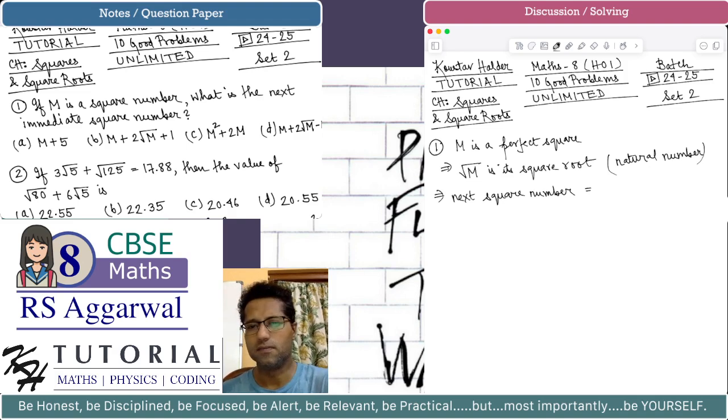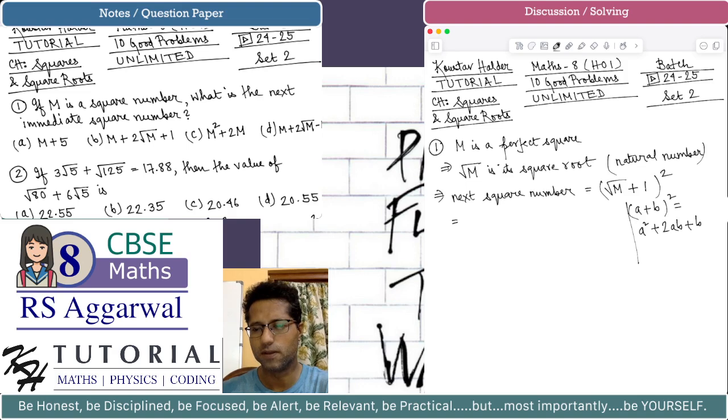The next natural number after square root of m will be square root of m plus 1. So this is the next natural number after the square root of m, and hence the next square number will be the square of this number. And we know, applying the a plus b whole square formula, a plus b whole square is equal to a square plus 2ab plus b square.